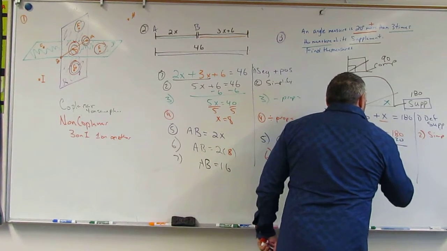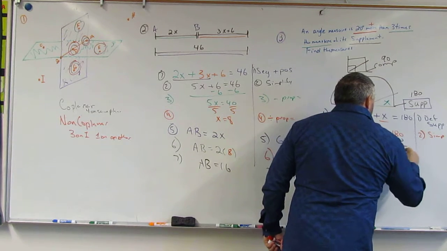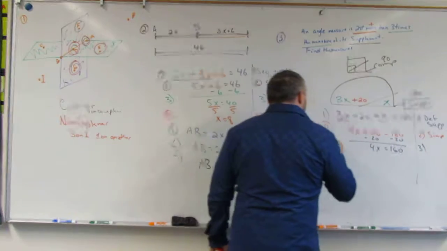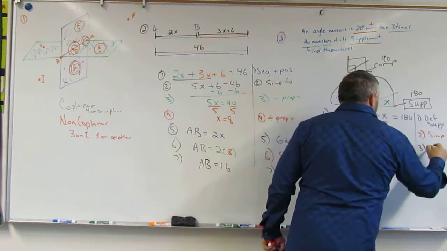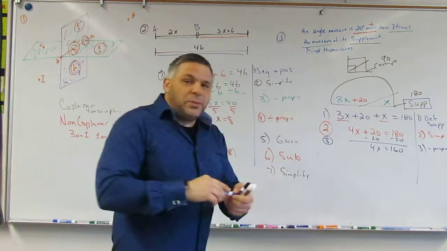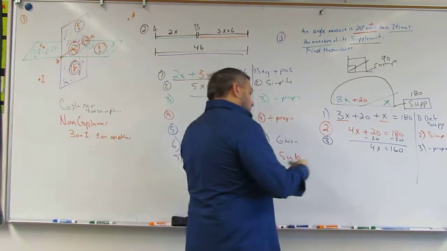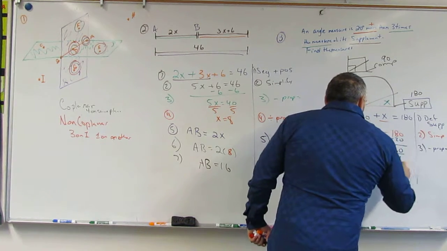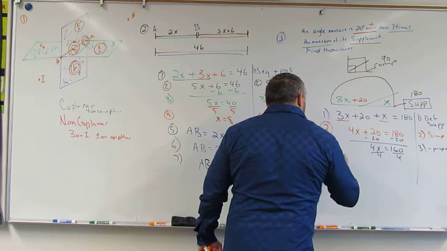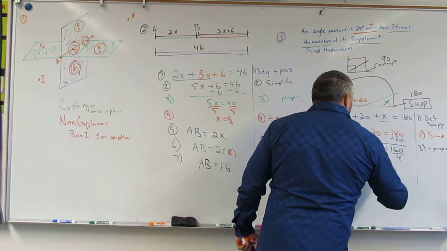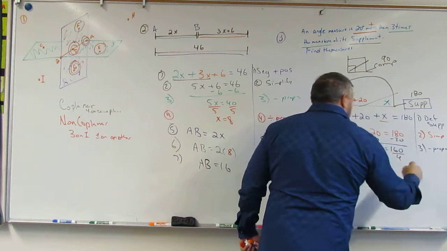Okay? So, what kind of property will that be then? Subtraction property of equality. There you go. Alright, now what? Multiply or divide? Divide. Okay. And we get x is equal to, what is that, 40?